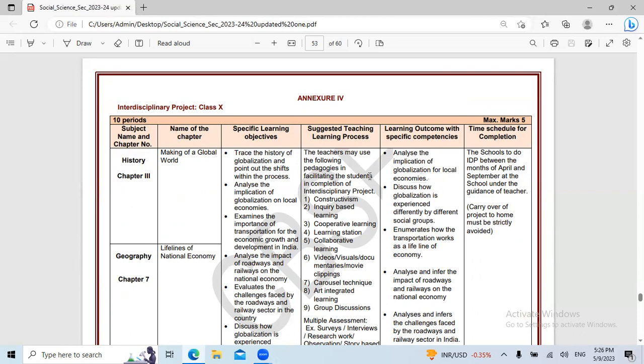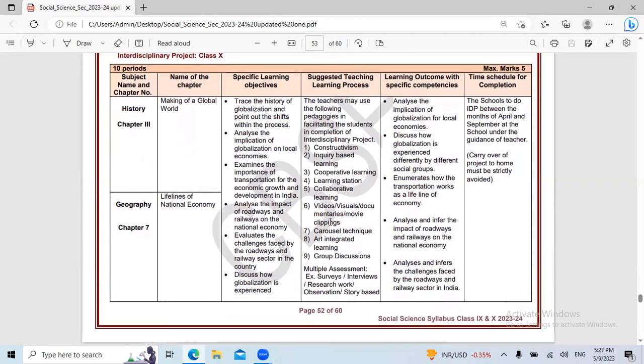Here, what the students are going to do is given. Learning outcomes are given, and the suggested teaching learning process is given. What is your role? I'm going to discuss your role only as a teacher, what you are going to do in this interdisciplinary project. The teachers may use the following pedagogies in facilitating the students in completion of the interdisciplinary project.